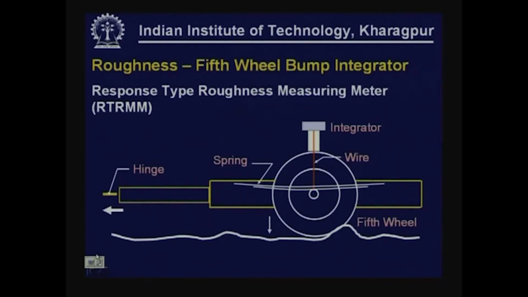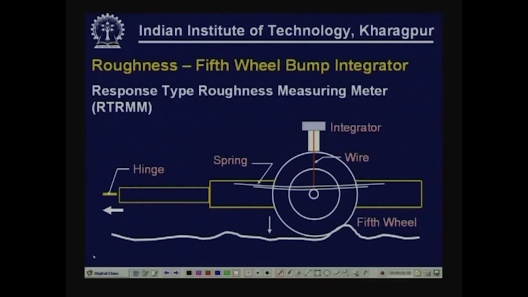What we see here is basically this wheel known as fifth wheel and there is a chassis which is basically a heavy mass, and over which there is an integrator that is attached to this. There are springs here, there will be a suspension system.